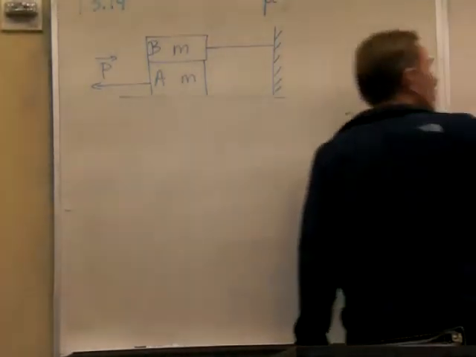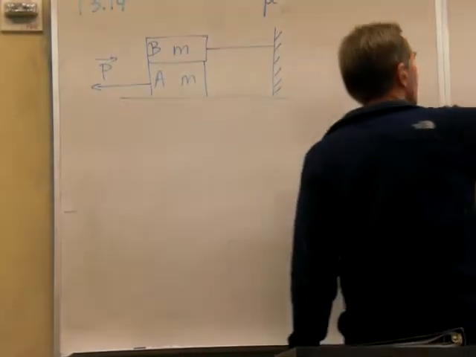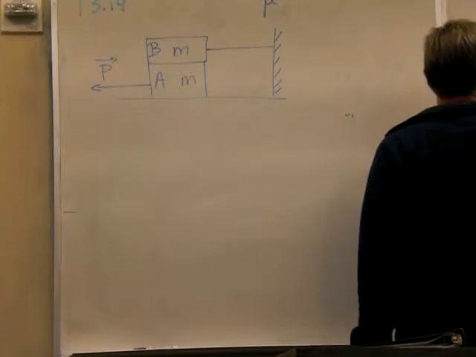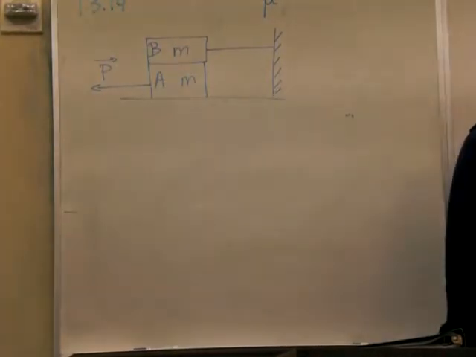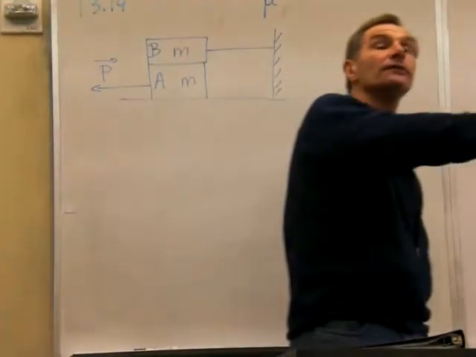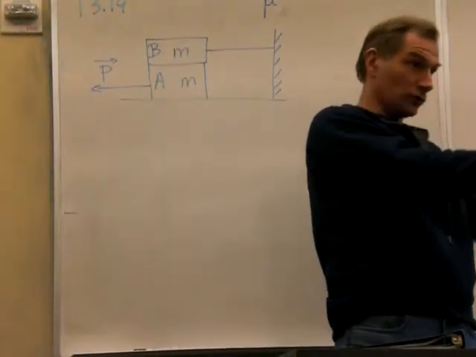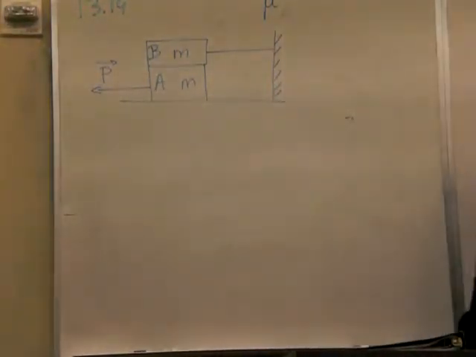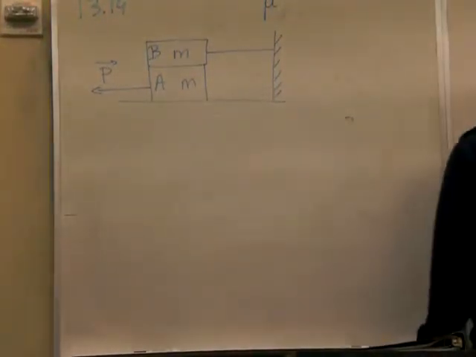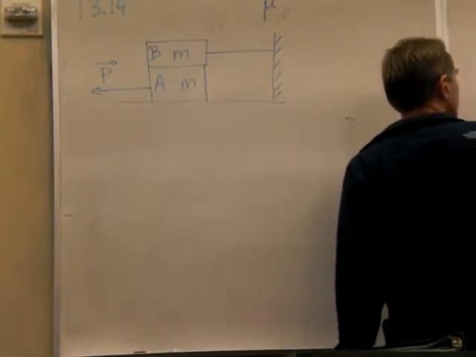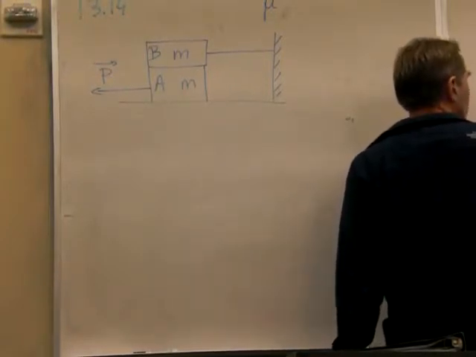A typical experiment would be you take a block and you pull on the block with a spring so that you can apply visibly a variable force, because you're going to see the spring stretch. So there is friction here between the block and the ground.